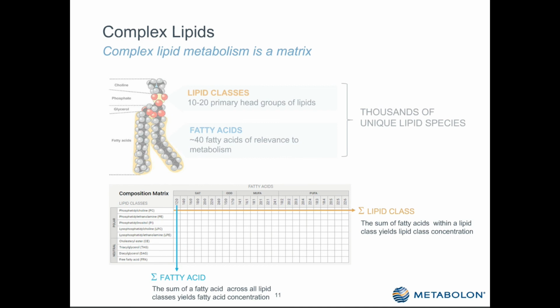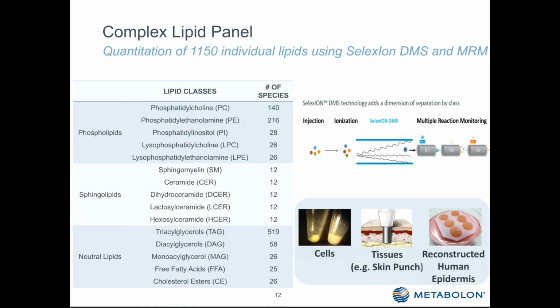And by summing up a fatty acid across all the lipid classes, that will yield a fatty acid concentration. Once we get the concentration data, we are able to calculate the composition as well, so we can understand, within the same concentration, the contribution of a specific lipid species.